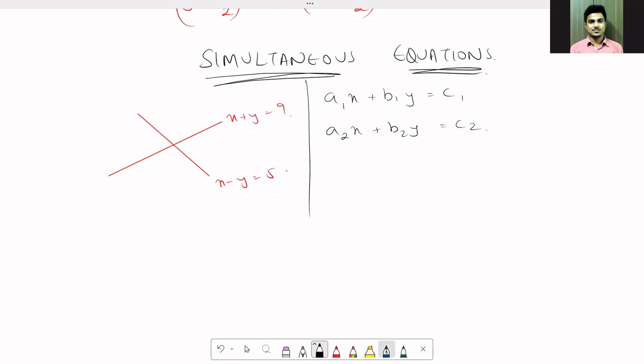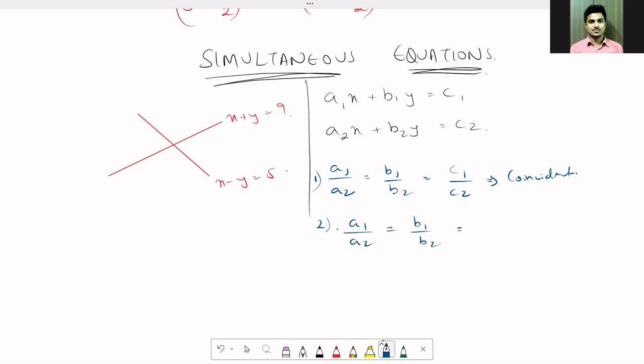Okay, so what happens is that if a1 by a2 is equal to b1 by b2, then we say that these lines are coincident. These two lines lie on top of each other if this is the scenario. But if a1 by a2 is equal to b1 by b2, then we say that these two lines are indeed parallel to each other.